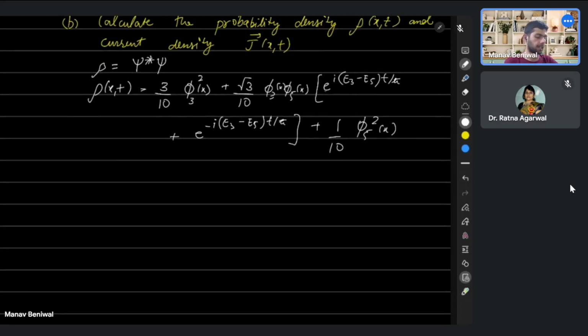Now if you see, this is like e to the power i theta plus e to the power minus i theta, so this just becomes 2 times cosine theta.